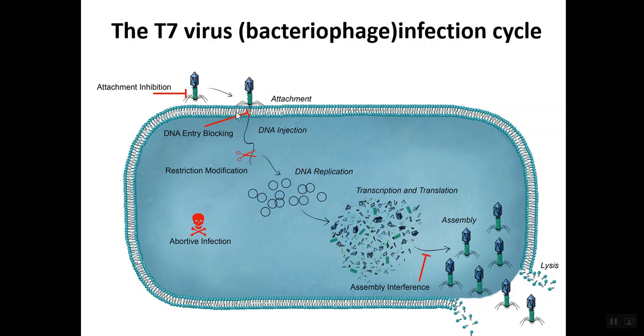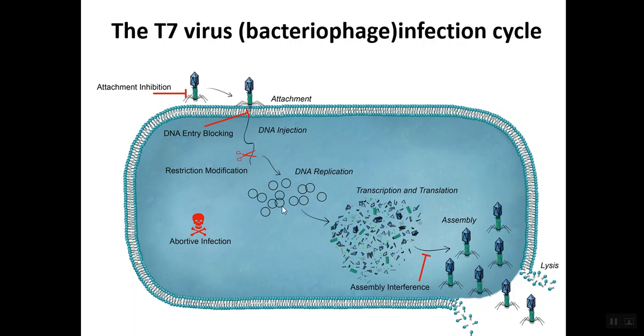All it does is attach to the cell and inject the only important thing necessary to make copies of itself, which is that message, that DNA encapsulated in the head of this virus. Once this DNA is inside the cell, it has all the information to hijack the cellular machinery and make copies of itself. These are many copies.